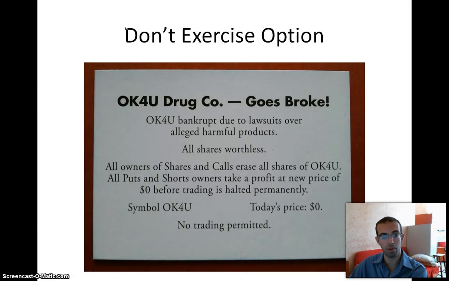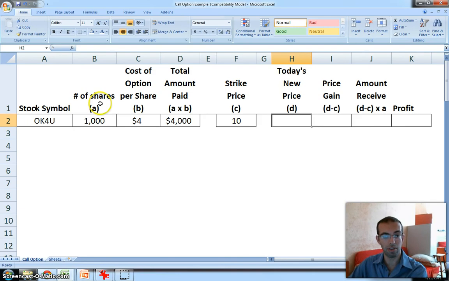So let's go into an example. In this example, you would not want to exercise the option. This card says OK for you, drug company goes broke. All shares are worthless. So today's price is $0. If we put $0 in here, the price gain is D minus C, negative 10.